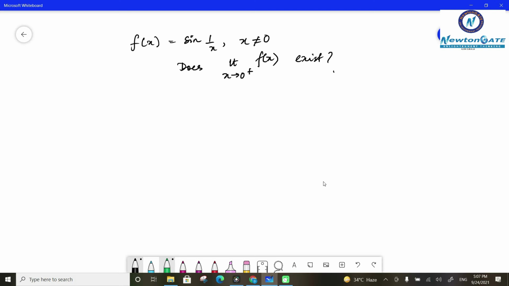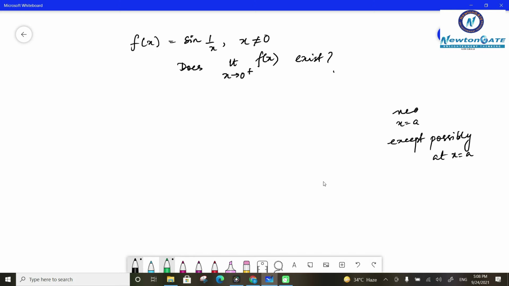Now over here, one thing please note, all of you. Here I have written that x cannot be equal to 0, but then I am asking you that x should be tending towards 0. Now in the definition, I had said that x has to be close to the point x equal to a, except possibly at x equal to a.